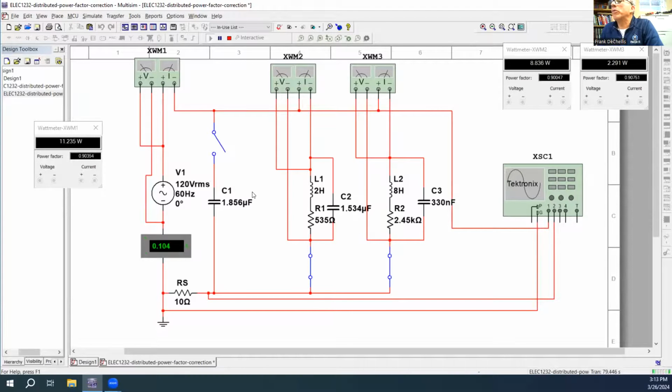So we're fairly close to what we needed to correct the whole thing. The only thing is this way with distributed power factor correction, we are only correcting what requires to be corrected instead of having this across the whole thing. All right, so if we had 5 loads, we would have 5 power factor correcting components.